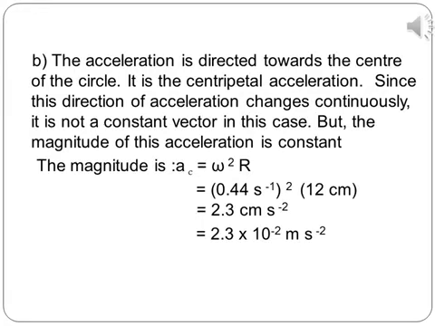Since its direction changes continuously, it is not a constant vector in this case, but the magnitude of the centripetal acceleration is constant. Its magnitude is AC is equal to omega square r. By substituting the values of omega and r, we get it is equal to 2.3 centimeter per second square.